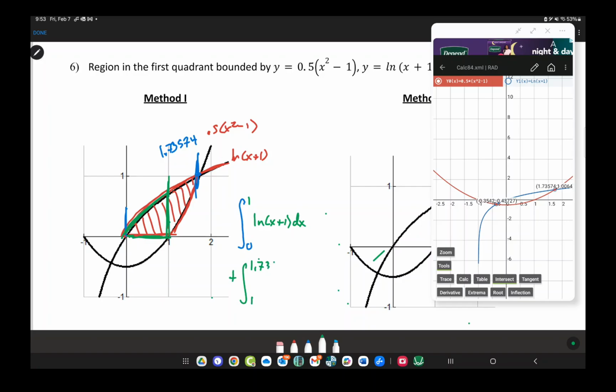And then I'm going to add the second part, which is the integral from 1 to 1.73574 of the natural log of x plus 1 minus 0.5 x squared minus 1.